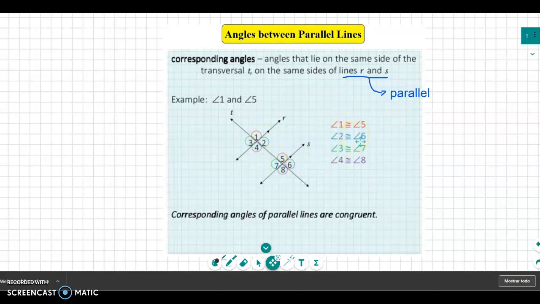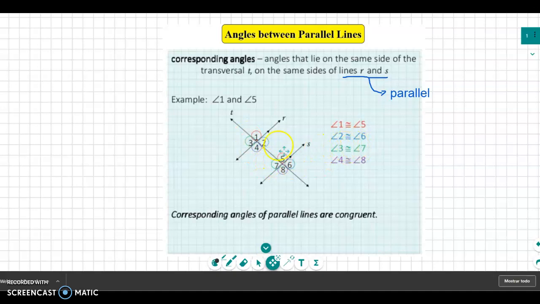All right, we have more corresponding angles. For example, the one above the parallel line, to the left: angle 3 has the same measure as angle 7. So 3 and 7 have the same value. If we say they are 70 degrees, angle 3 is 70 degrees and angle 7 is also 70 degrees.